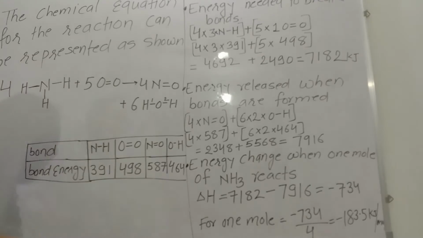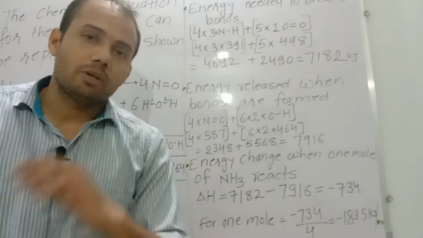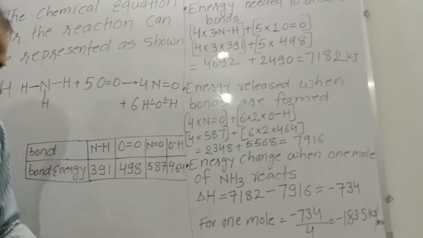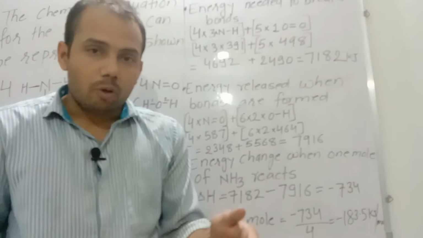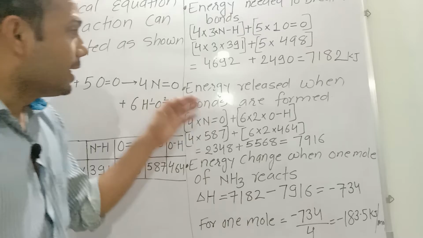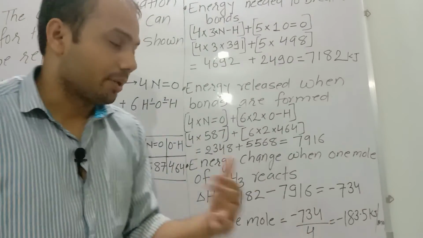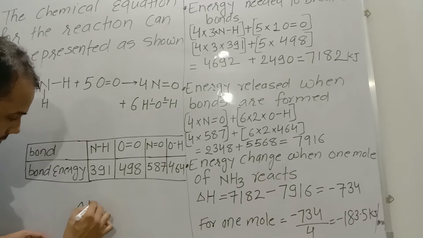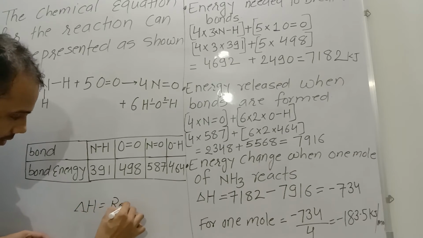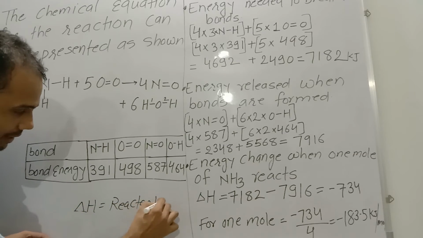Now at the end they are asking energy change, find out the energy change. So energy change is equal to energy required to break bonds minus energy released when bonds are formed. In other words, we can say that delta H is the reactant energy, that is the energy required for reactants, minus product.